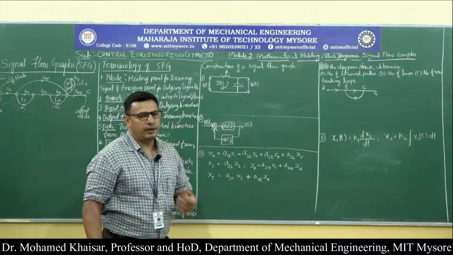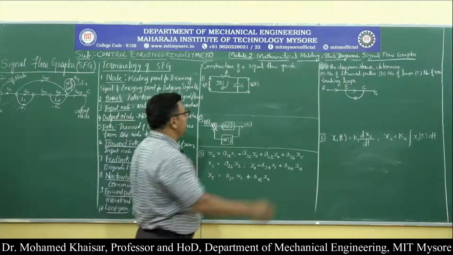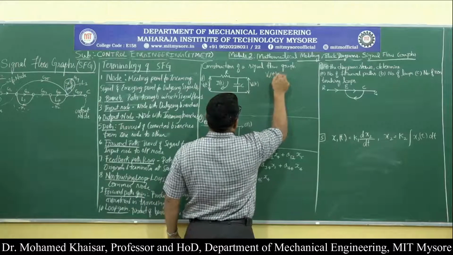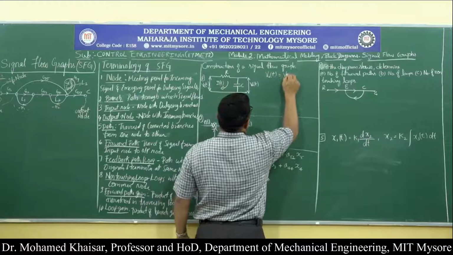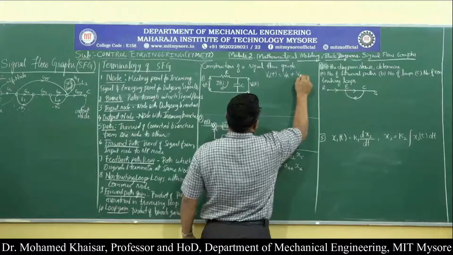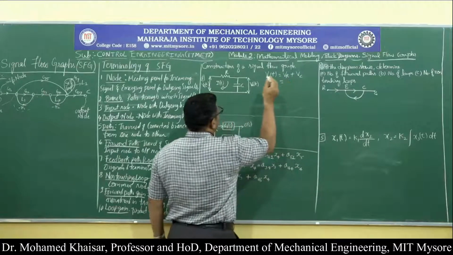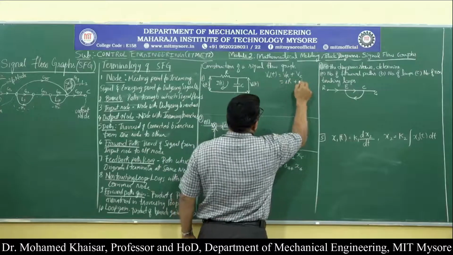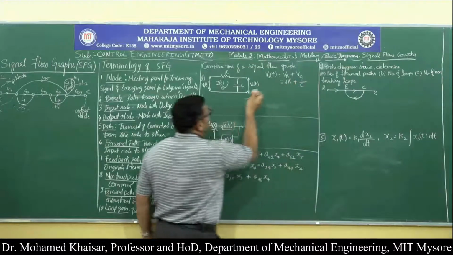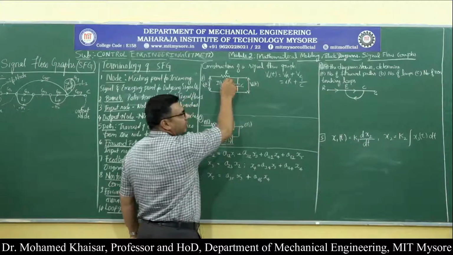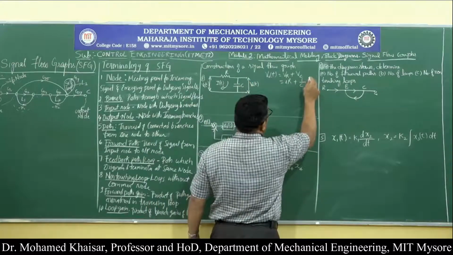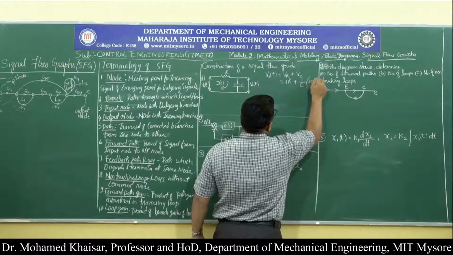If we make use of Ohm's law and Kirchhoff's law, the input voltage is nothing but the voltage across the resistance plus the voltage across the capacitance. The voltage across the resistance is iR, and the voltage across the capacitance is 1 by C integral of i dt.